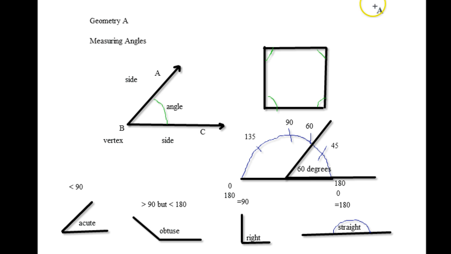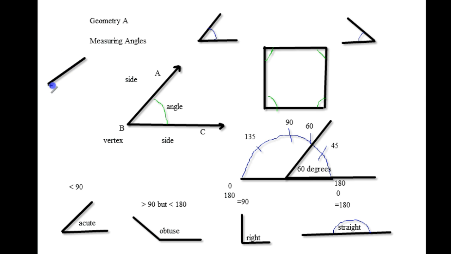Real fast, if I want to say that two angles are the same and you don't know if they are, I will use these notations of little arcs to show that they're the same. That means congruent.